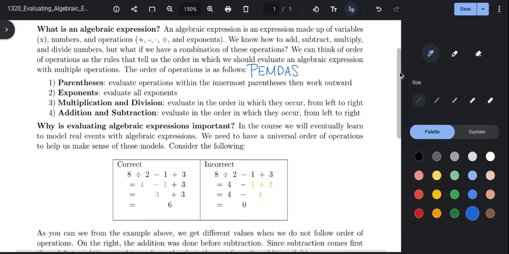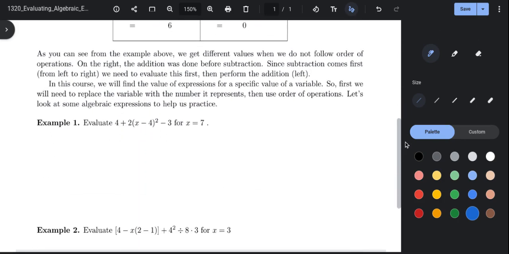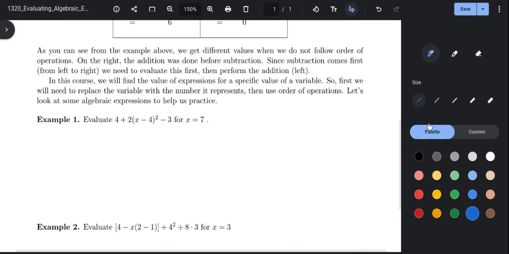With algebraic expressions, because we have variables, before we even think about doing order of operations, we're going to need to use a specific value that's given for our variable in our expression. So we'll have to plug that in first.